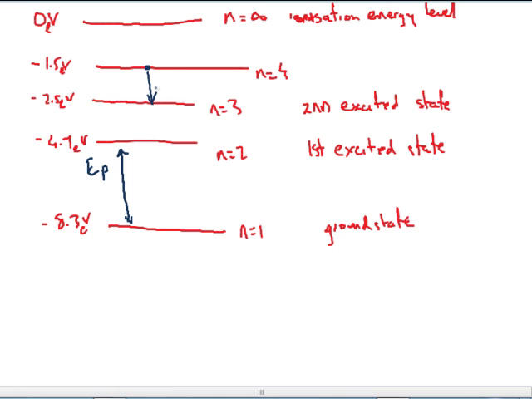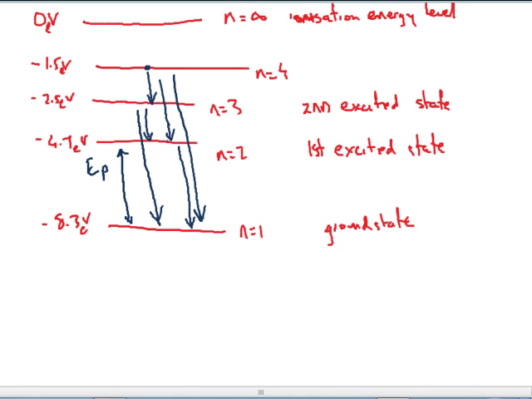So you've got 1, 2, 3, 4, 5, and 6 possible scenarios, or 6 different wavelengths that could potentially be emitted, depending on whether it fell from the 4th energy level straight to the 1st, or from the 4th to the 3rd, to the 2nd, to the 1st, or the 4th to the 2nd, to the 1st.